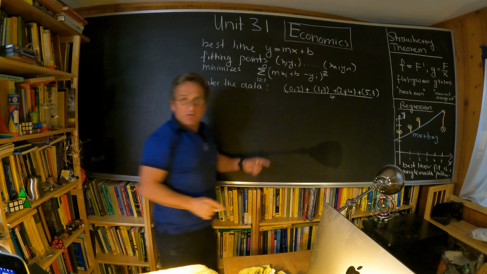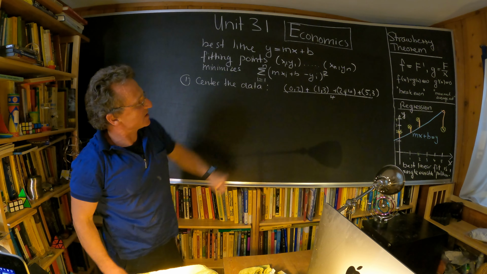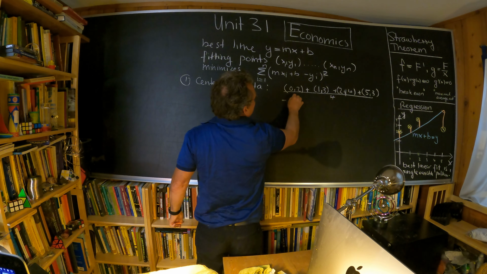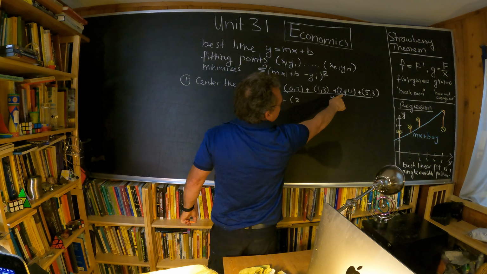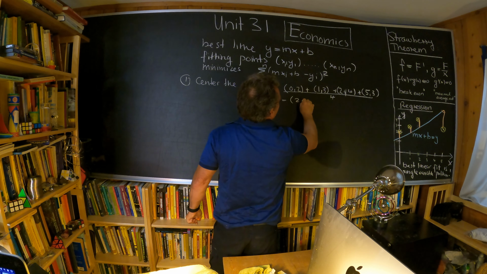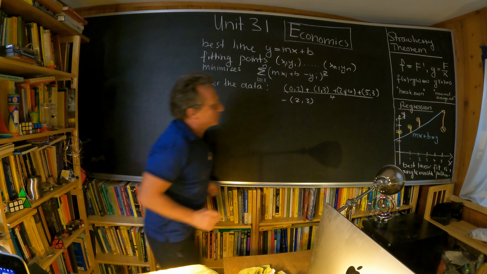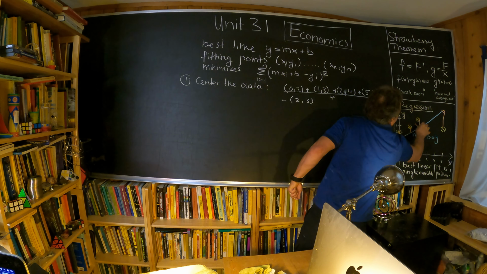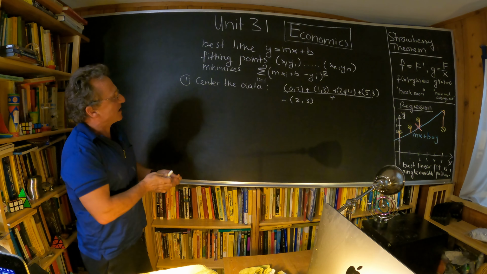So in this case, I have 4 data points and I just average them. I get 8 over 4, this is equal to 2. And the 2 plus 3 is 5, plus 4 is 9, 12 divided by 4 is 3. So the center of this data is here, kind of somehow here.